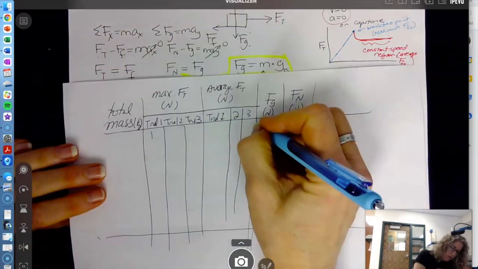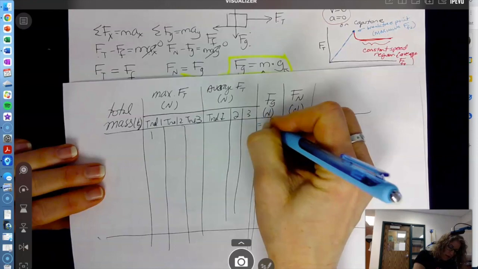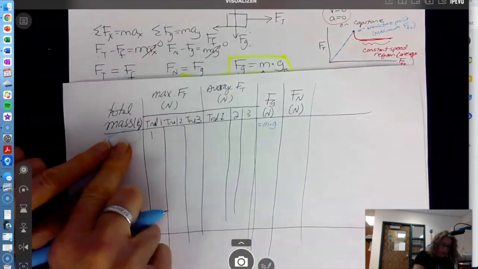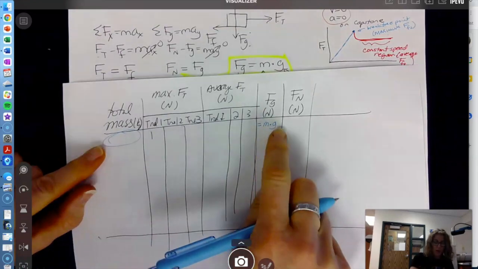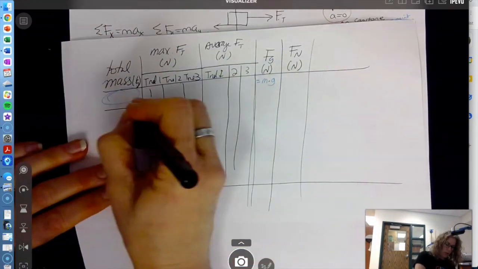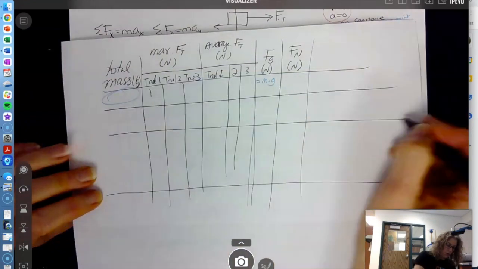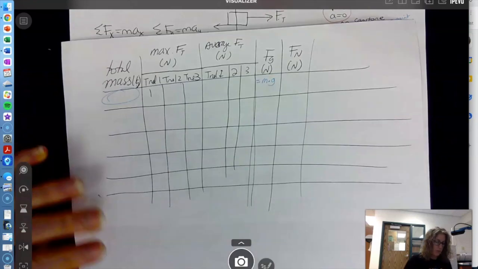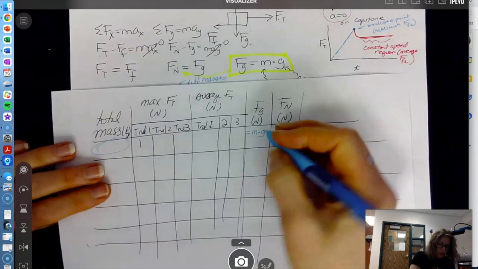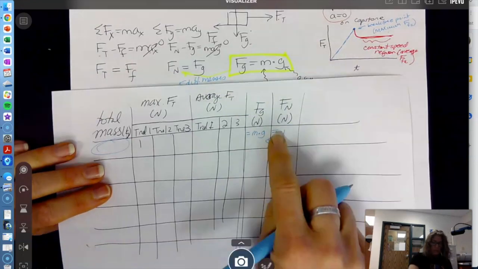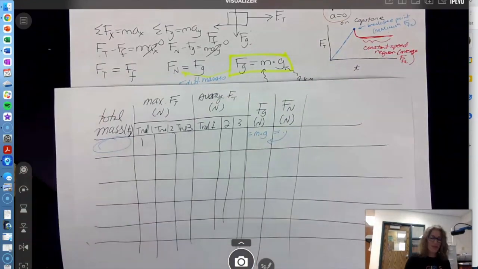We know that this is mass times gravity. Well, don't type mass and gravity. You're going to click on this cell and then times 9.8 and fill that down for your 5 different data points, right? You're going to have 1, 2, 3, 4, and 5. So these are going to be your 5 different masses. So that's going to be in there. This is equal to that. So those columns will be exactly the same.